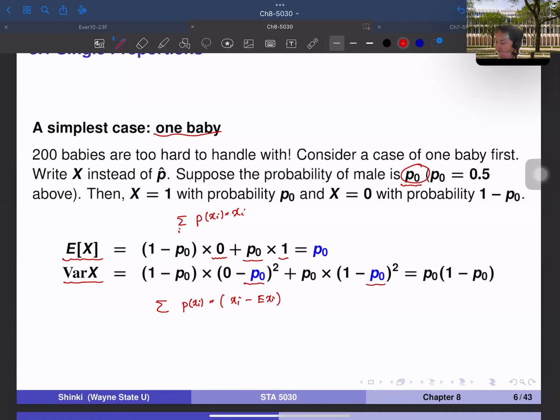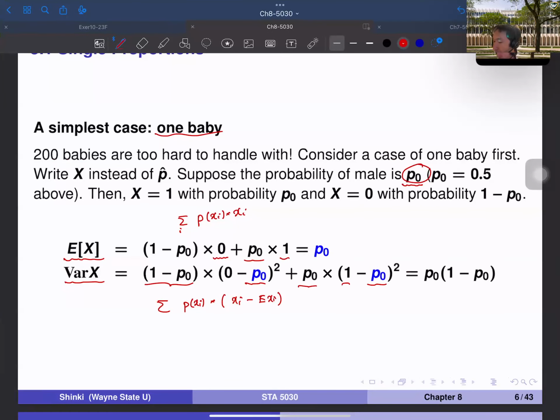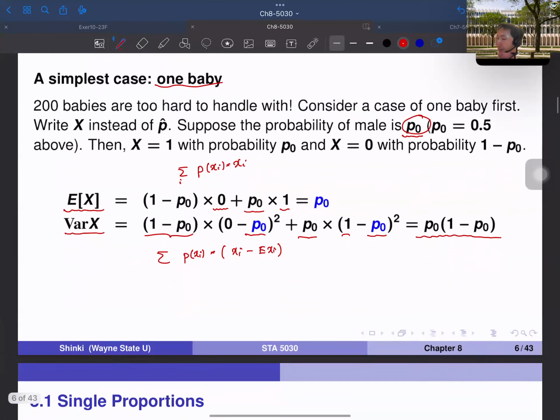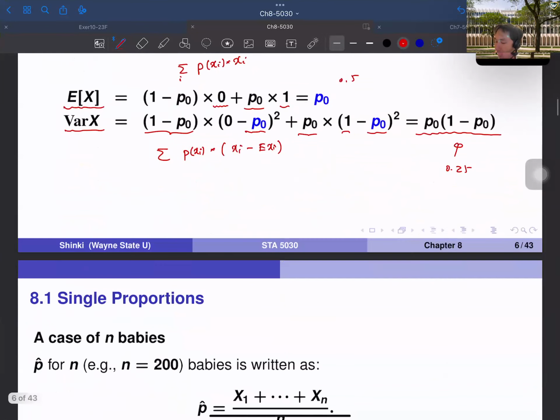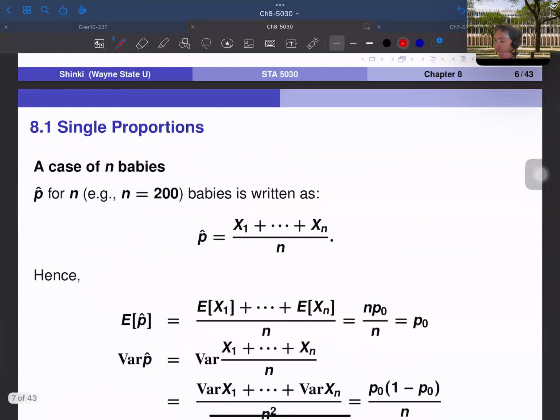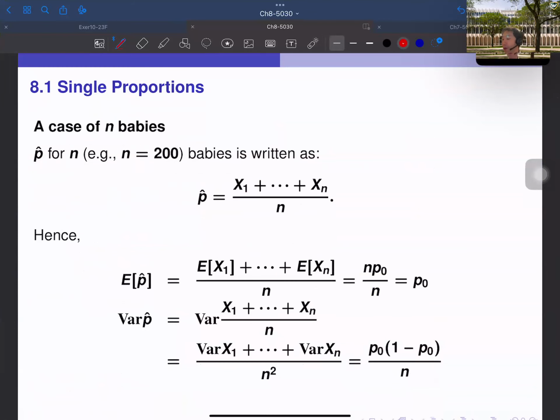Then xi is equal to 0 with probability 1 minus p naught and 1 with probability p naught. So if we calculate this variance, this becomes p naught times 1 minus p naught. So p naught is a probability. If 0.5, then this variance is 0.25. So in general, if we have n babies, we can calculate it in the same way.